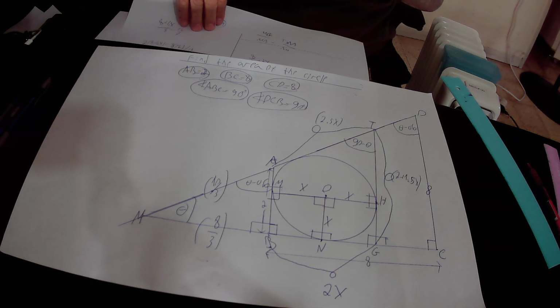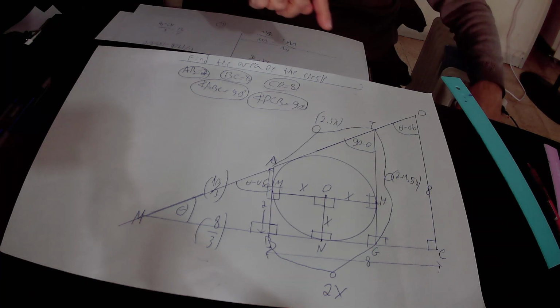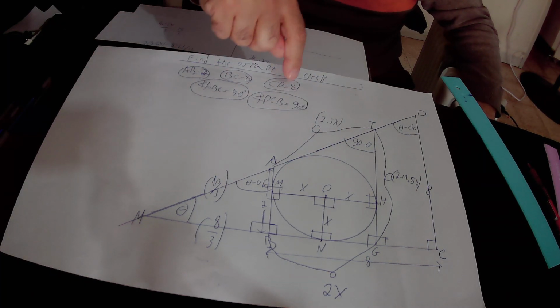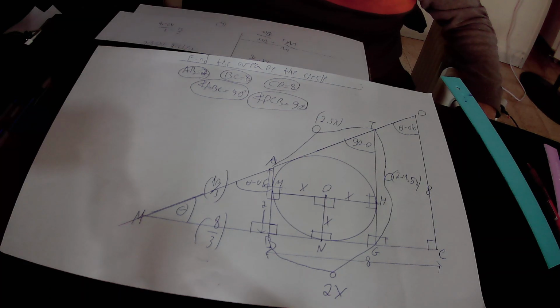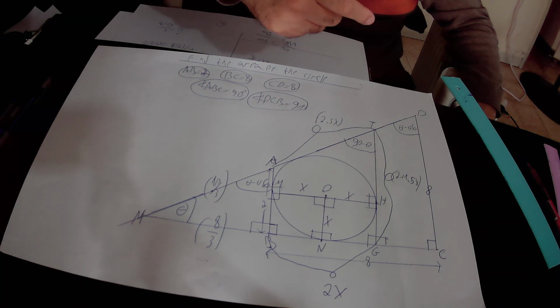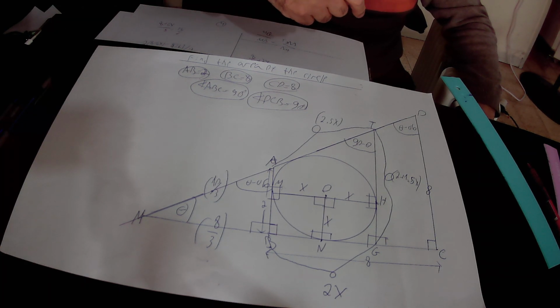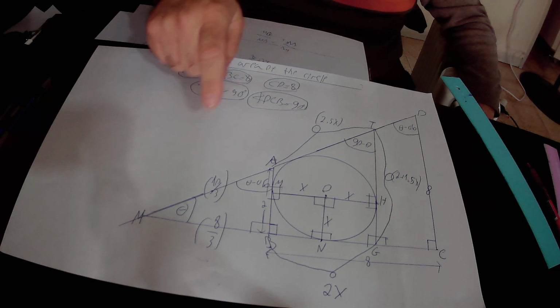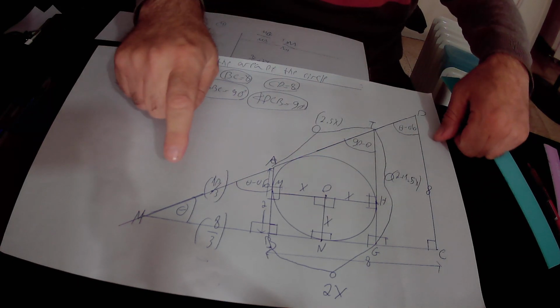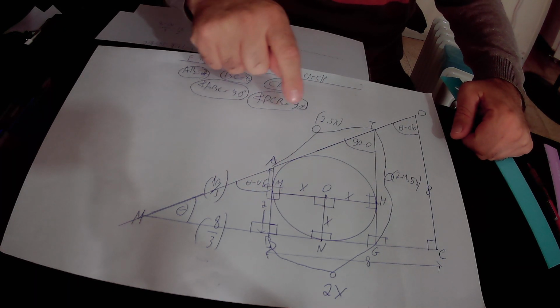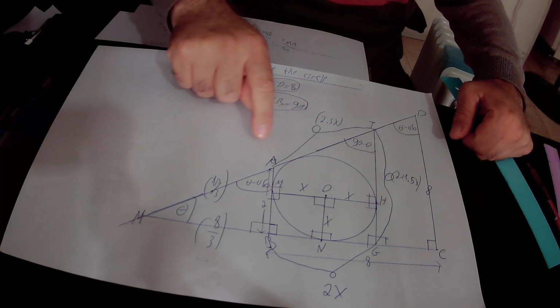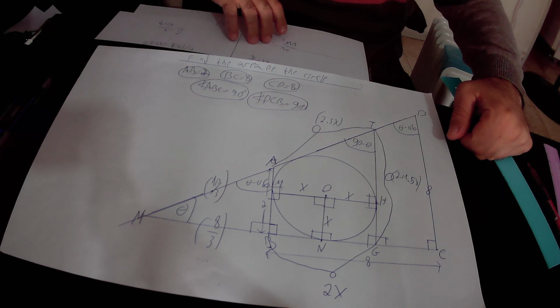Then, from the fact that the big triangle TGM is similar to the small triangle ABM, we derive that a proportional relationship exists between their sides. MG in the big triangle over MB in the small triangle equals TM in the big triangle over AM in the small triangle.